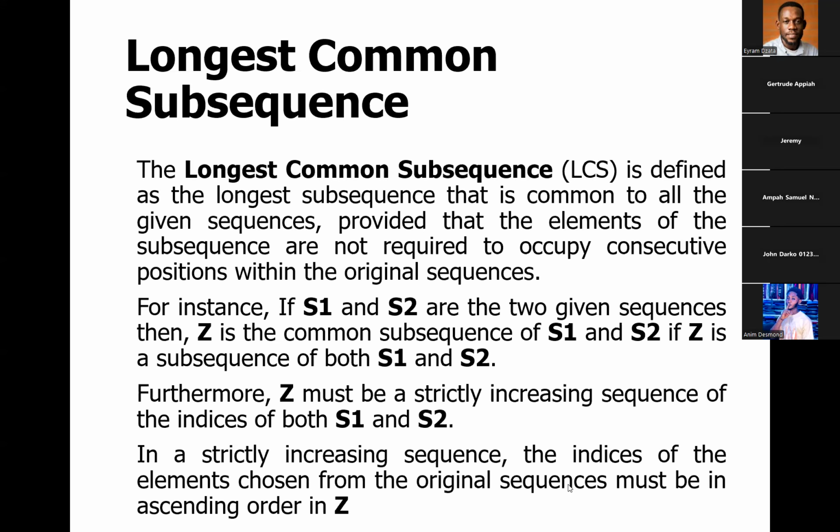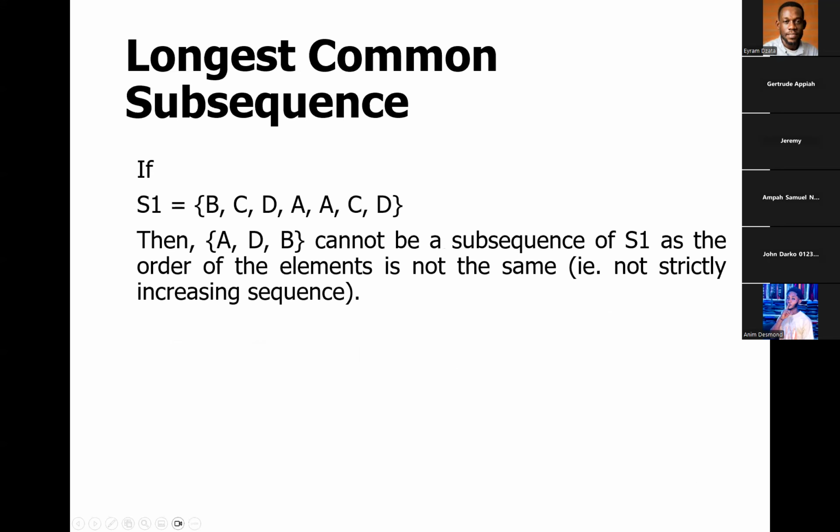So if S1 is B, C, D, A, C, D, then A, D, B cannot be a subsequence of S1, as the order of the elements is not the same. So it's not a strictly increasing sequence.